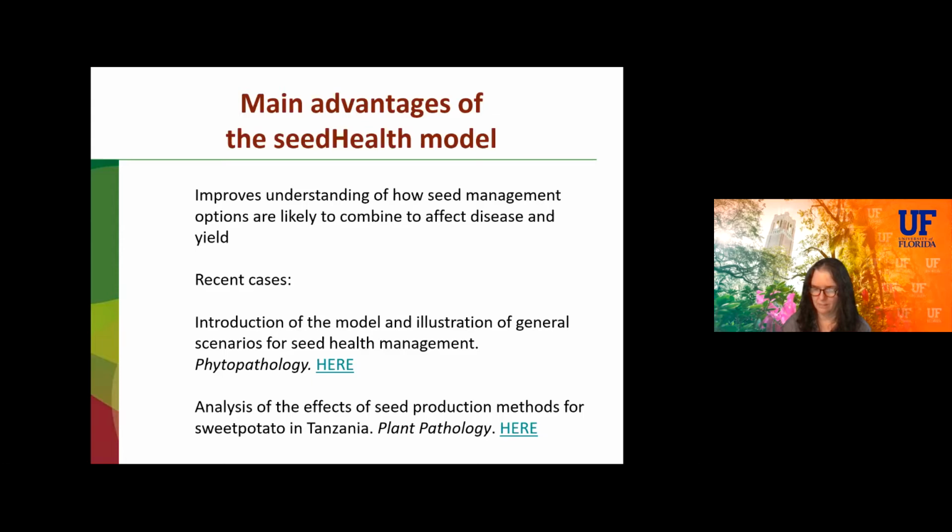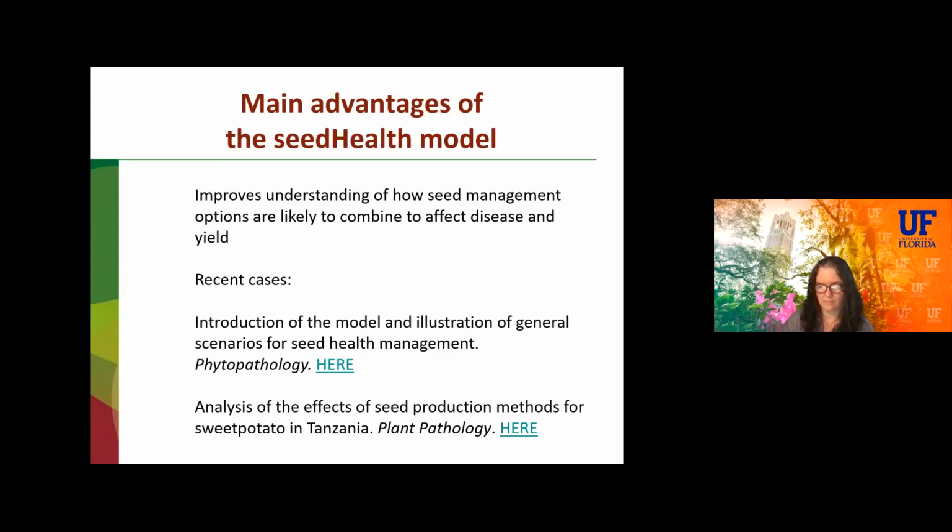For example, getting disease-free seed is great for the system, but if the seed is of a variety that is not resistant and it's in an environment with a lot of external inoculum, then it might not work as well.